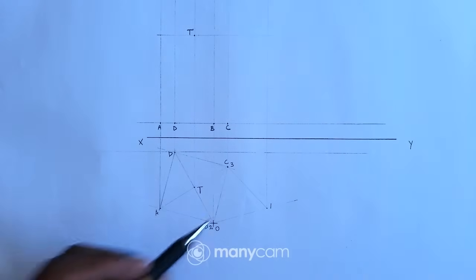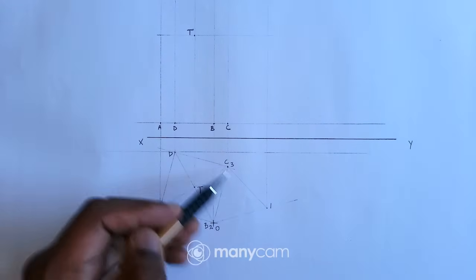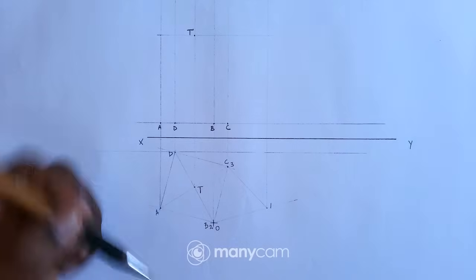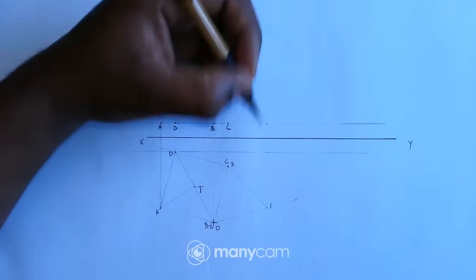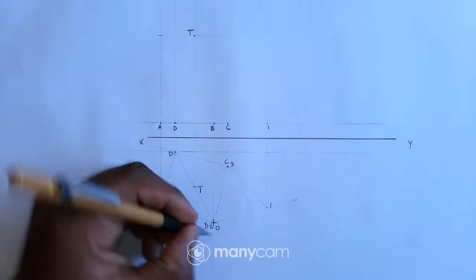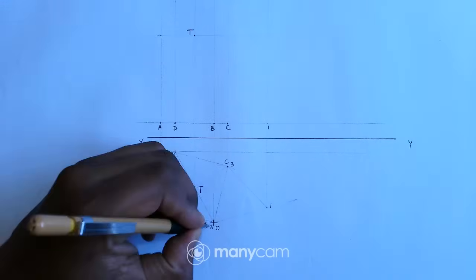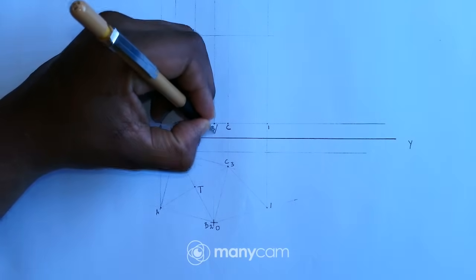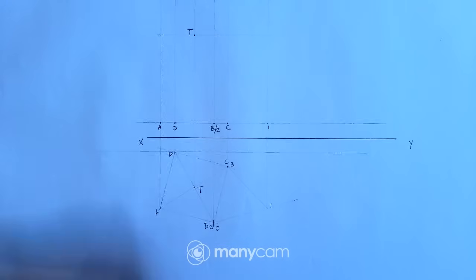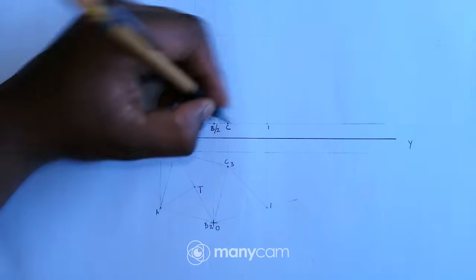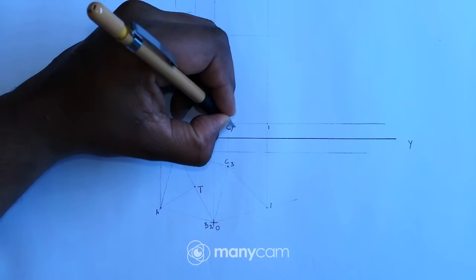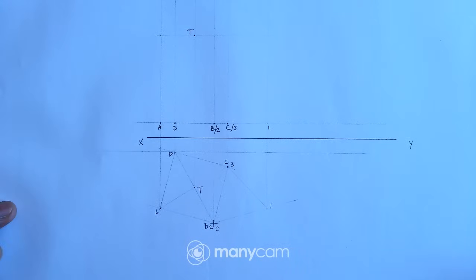And then for the prism there we have 1, 2, 3. 1 is there, 2 is at the same point as B, so here we have B and 2, and then 3, let's say C and 3, we have C and 3 there, right?